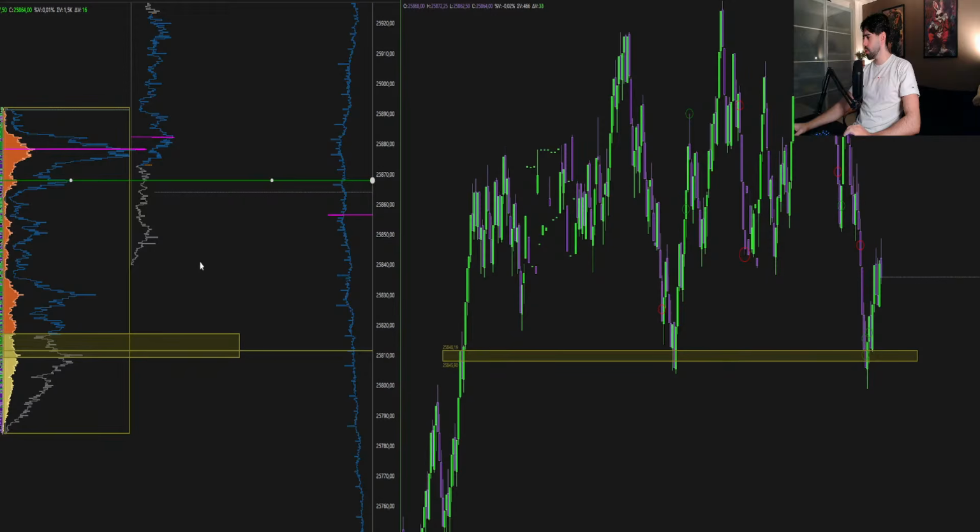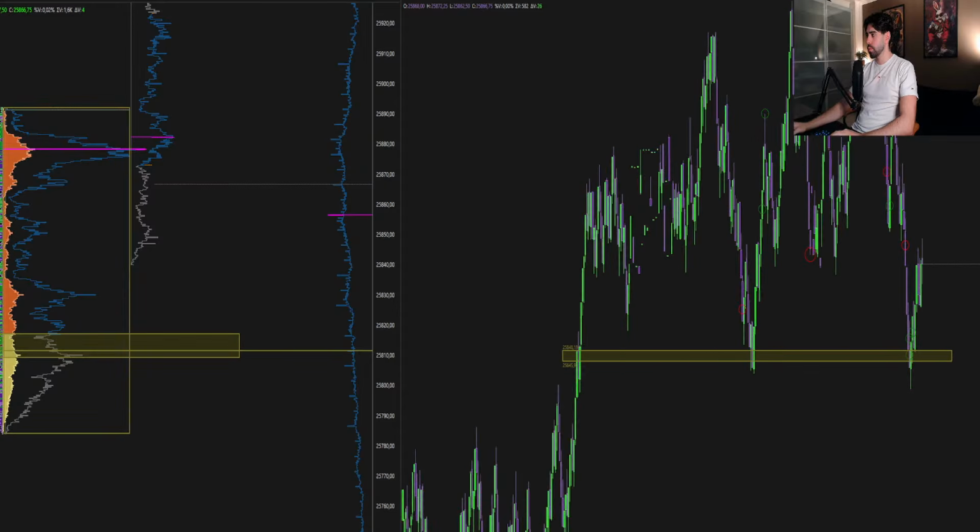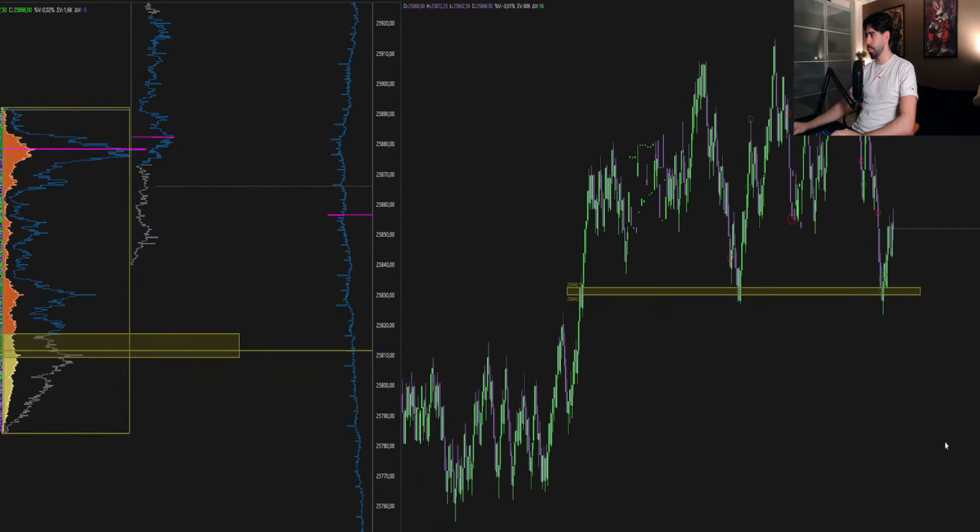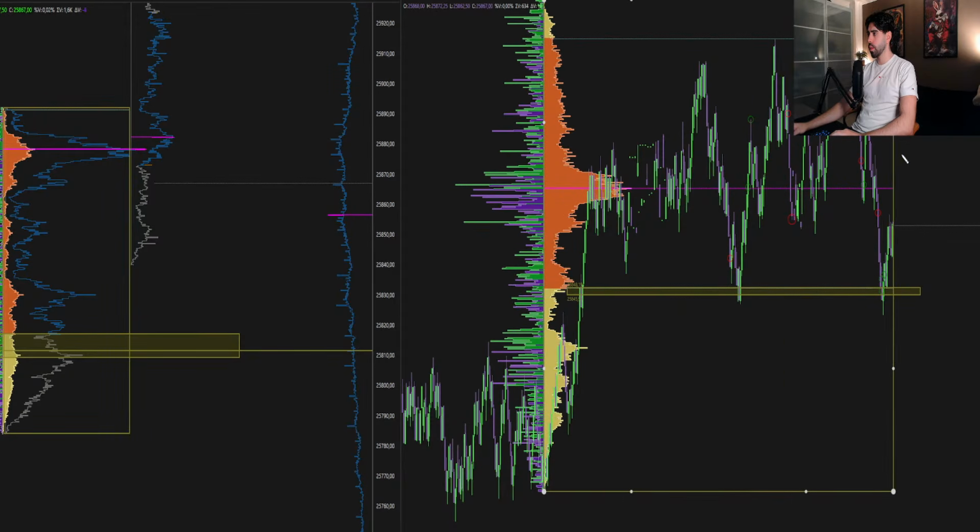P shape from the impulse. Then can you explain? I did not understand that. P shape from the impulse. Yeah. Correct.